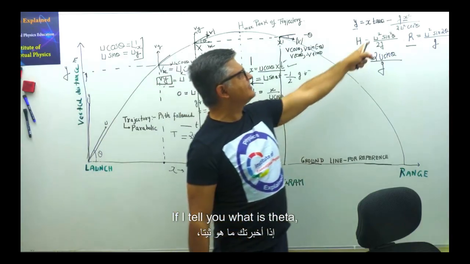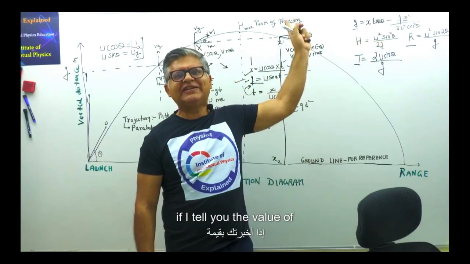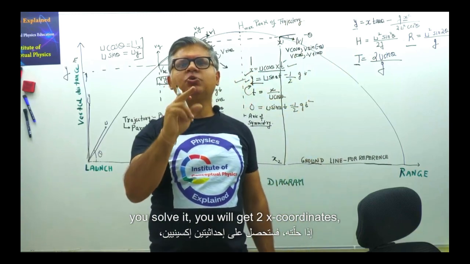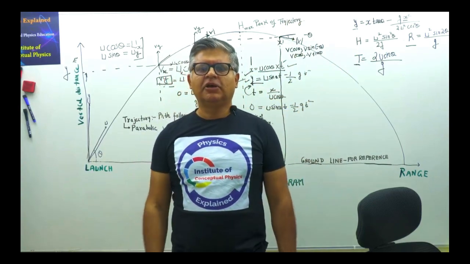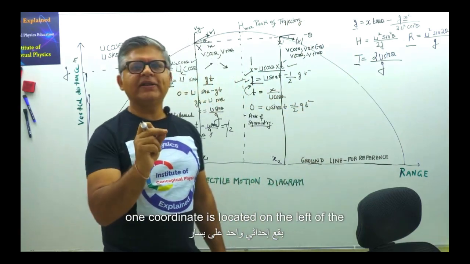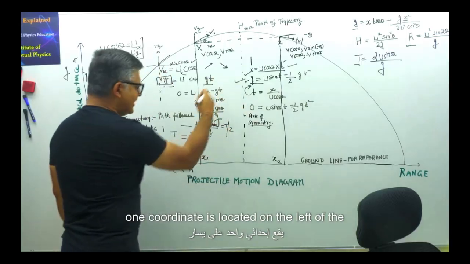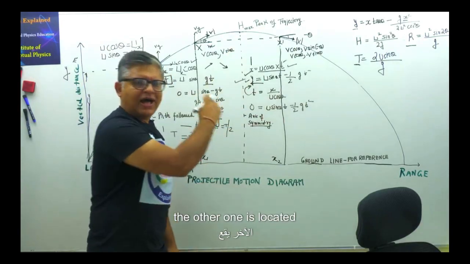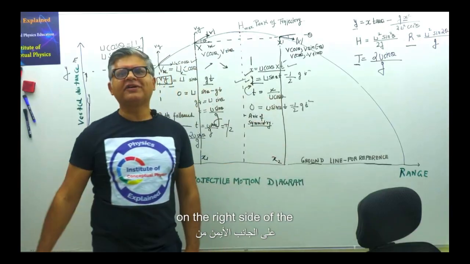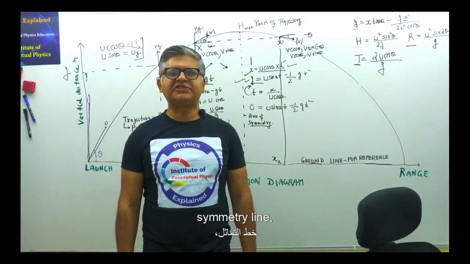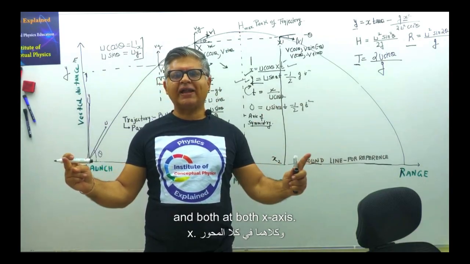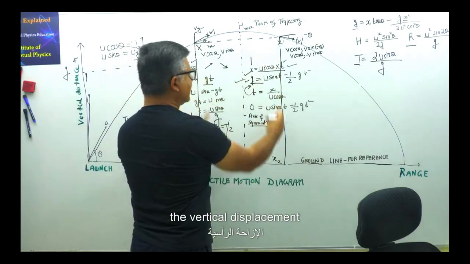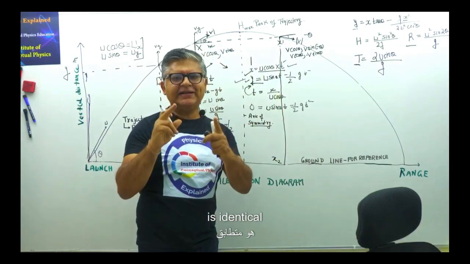If I tell you the value of y, you solve it, you will get 2 x coordinates, which will tell you one coordinate is located on the left of the axis of symmetry. The other one is located on the right side of the symmetry line, and at both x positions the vertical displacement is identical.